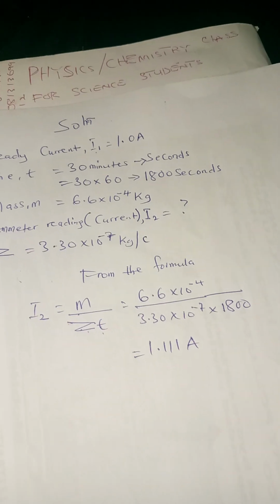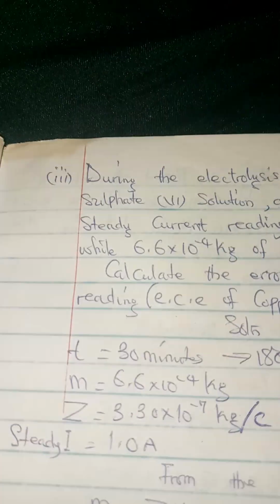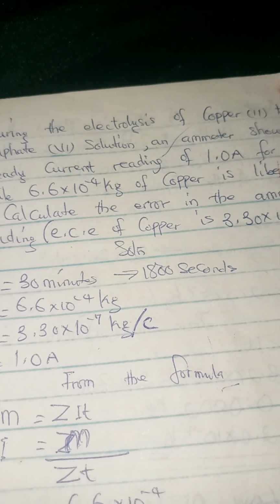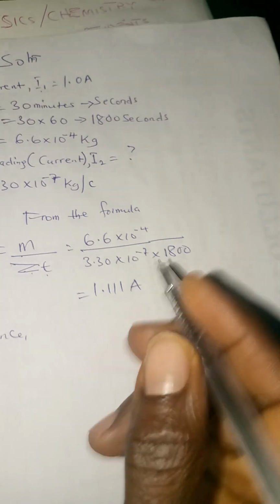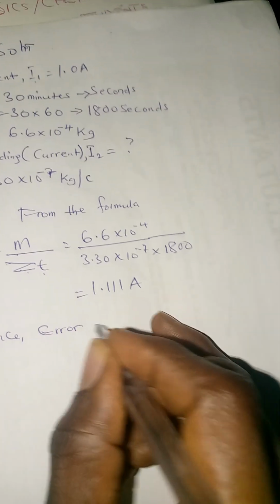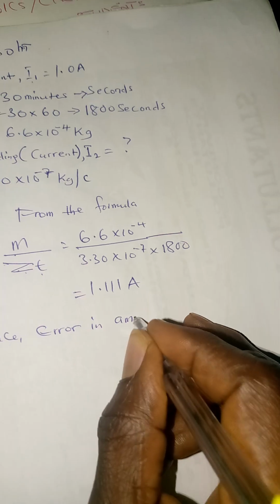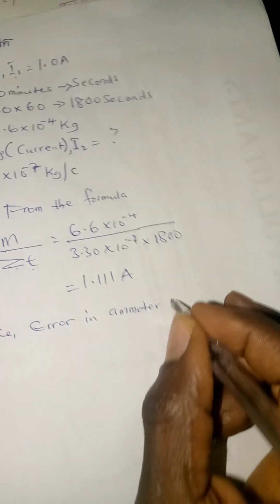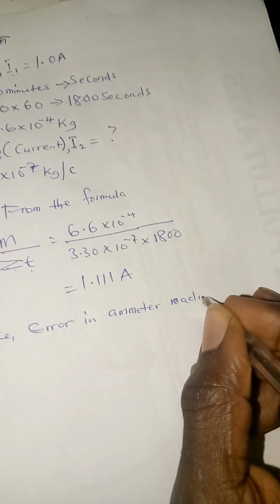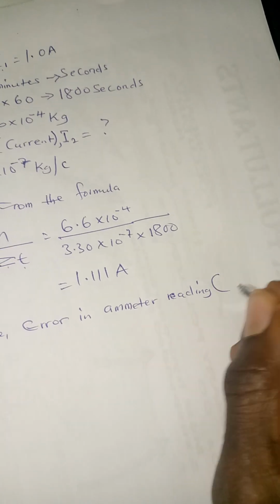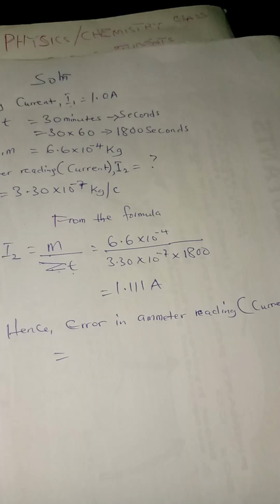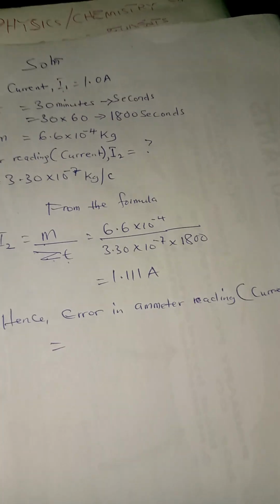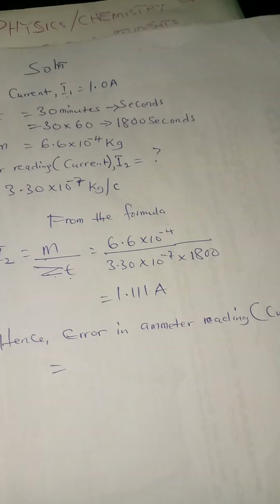So to calculate, according to the question, the error in the ammeter reading, or you can equally say the error in current, you bring the two currents together and subtract one from the other.